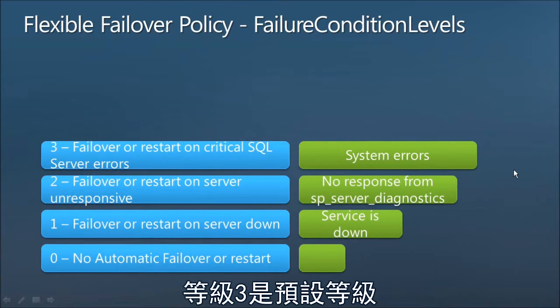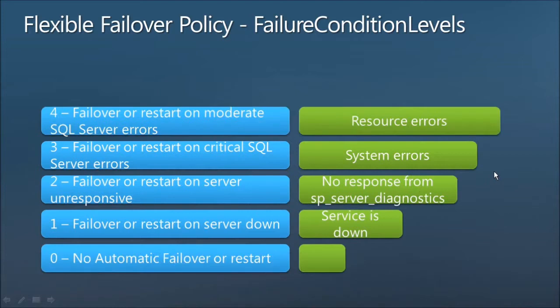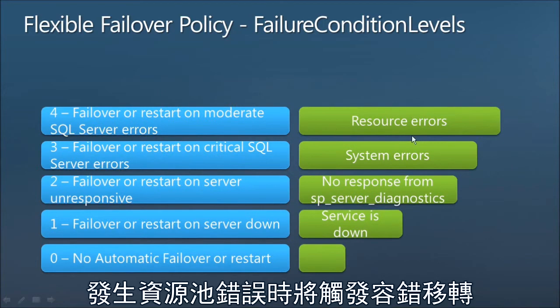The third level is the default level. So only when the system error happens or all the below errors happen, a failover will be triggered. If you set the failover condition level as 4, then you will add the failover response for resource pool errors.